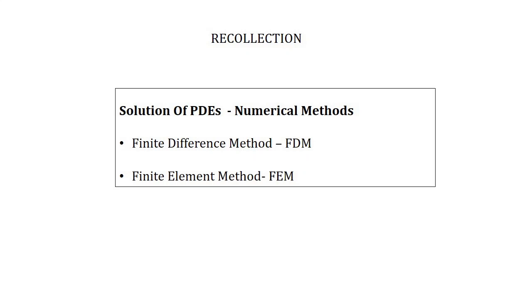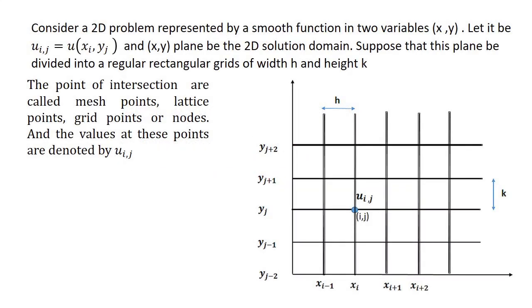To present the principle of the finite difference approximation, let us start with a two-dimensional problem. Consider a two-dimensional problem represented by a smooth function u in variables x and y. That is, the solution domain becomes the xy plane.